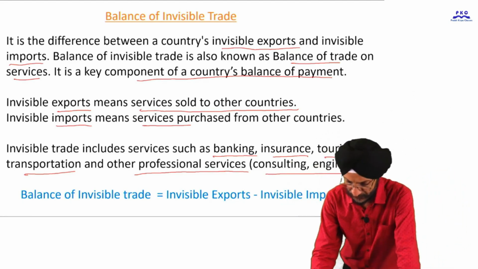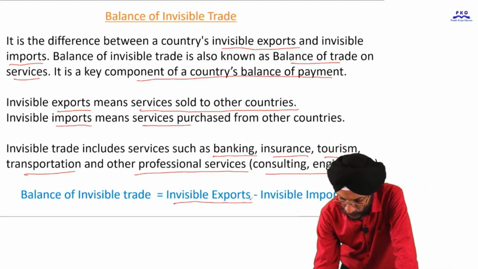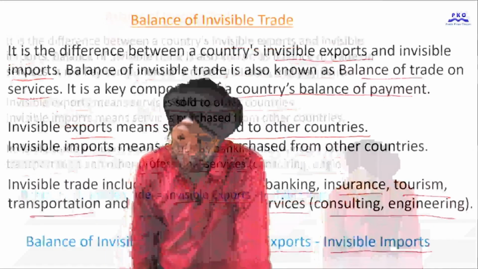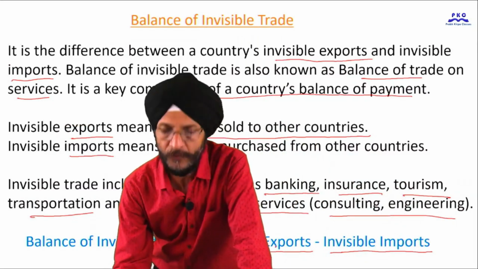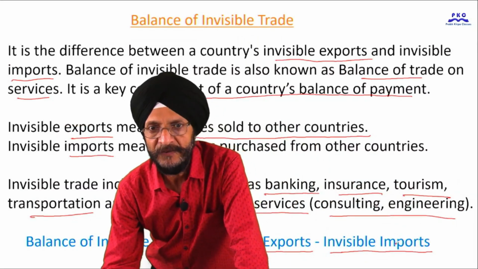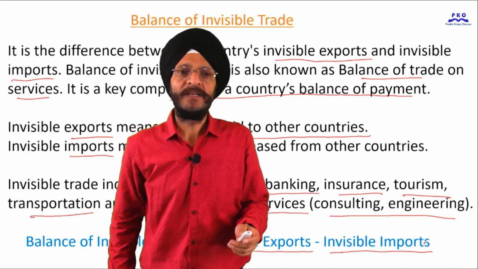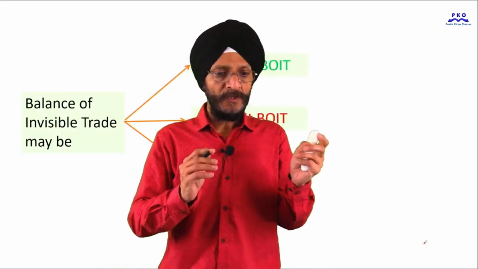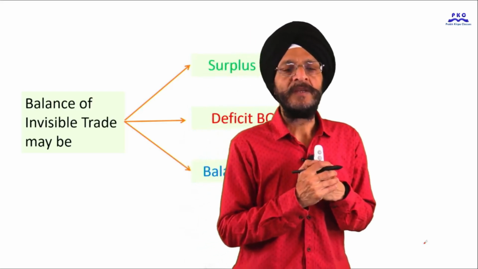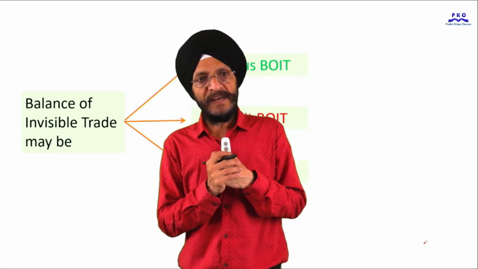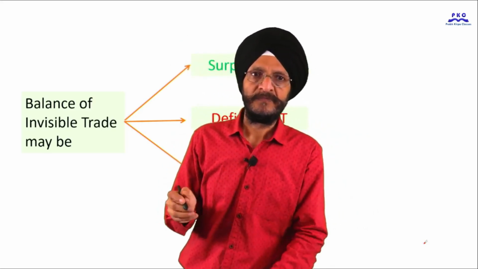So balance of invisible trade is invisible exports minus invisible imports. Here we will be taking into account value of invisible exports and value of invisible imports. So the balance of invisible trade may be surplus, deficit or balanced.